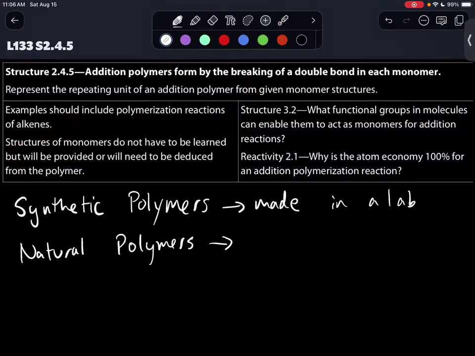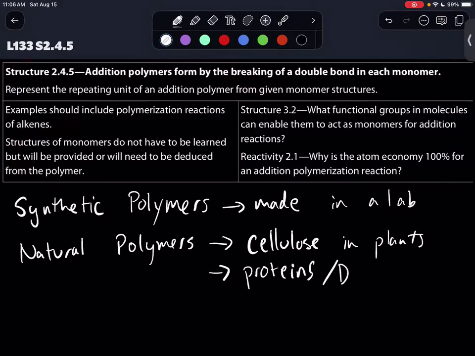For one, in your body, all your macronutrients are generally examples of natural polymers. Things like cellulose in plants are natural polymers. Things like your proteins, your DNA, things like complex carbs, which I mean cellulose is.